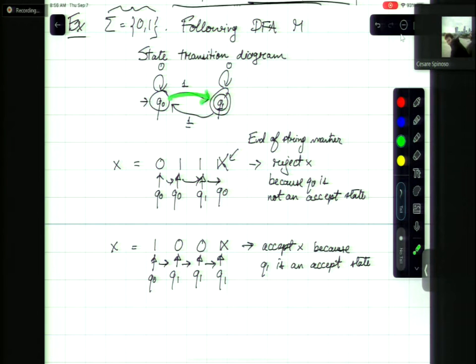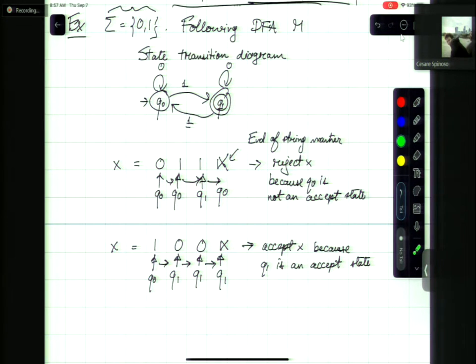Yeah, that's right. If you're at Q0 and you read a 0, you stay at Q0. I think we have to take this offline. Come talk to me after.